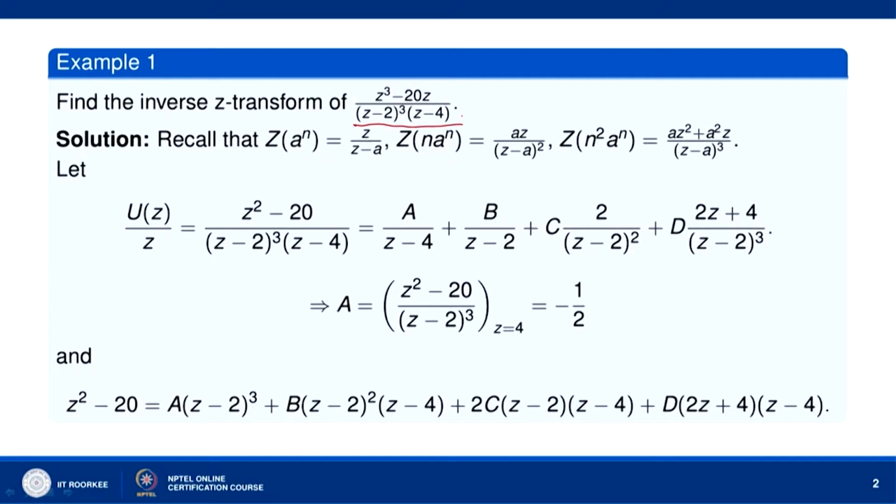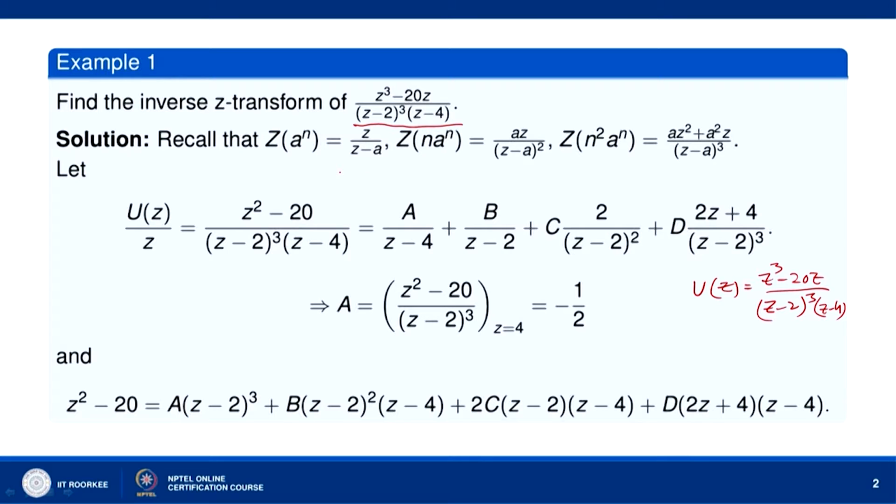You can see that this rational function we can call U(z). So, U(z) equals (Z cube minus 20Z) divided by (Z minus 2) raised to the power 3 into (Z minus 4). Now, we can see that this U(z) has a pole of order 3 at Z equal to 2 and a pole of order 1 at Z equal to 4.